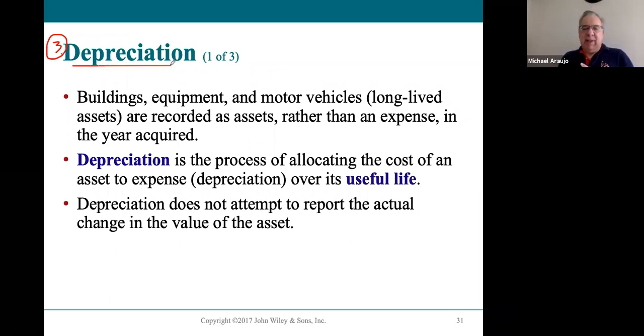This last piece here, when you buy equipment, when you buy a building, when you have machinery or vehicles or things like that, they don't last forever. They have a life for a business called a useful life.